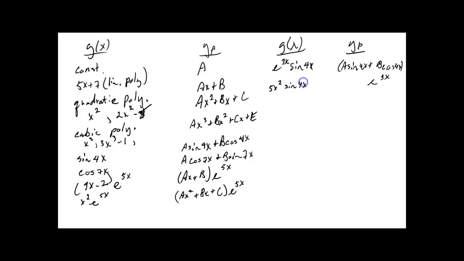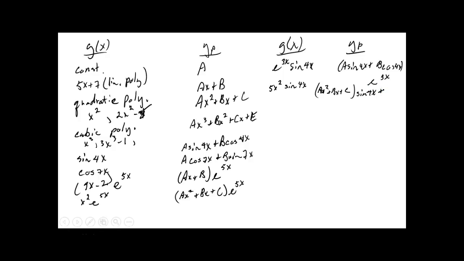They love 4x, there's nothing special about it. What would that possibility be? Ax squared plus bx plus c times sine 4x.